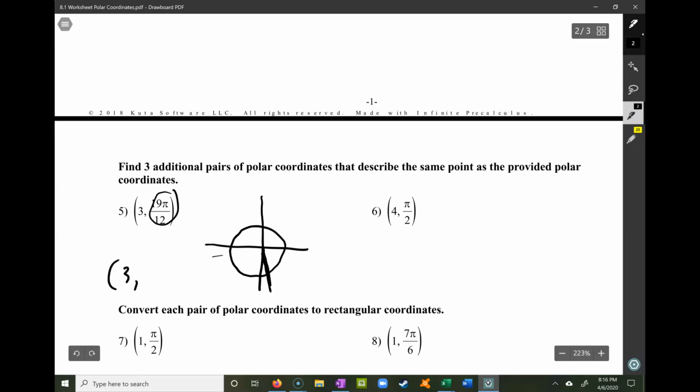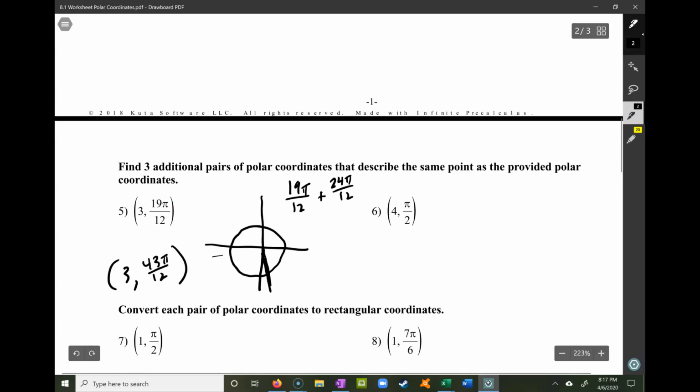So if I take 19 pi over 12 and add 2 pi, that's 24 pi over 12. So 19 pi over 12 plus 24 pi over 12 would be 43 pi over 12. So 43 pi over 12 would be in the same exact location.